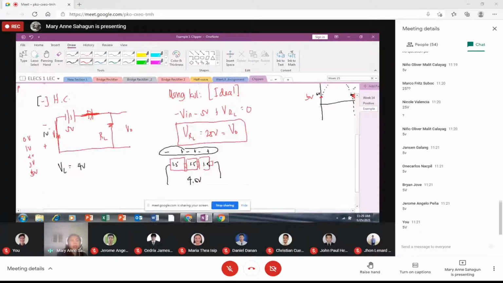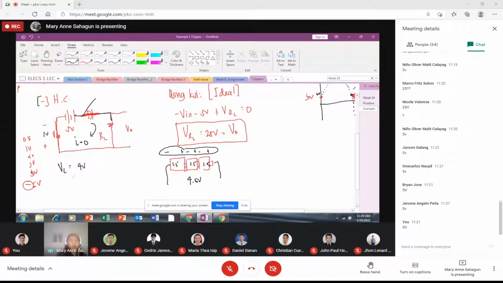Dahil malaki na masyado to, -6 volts na siya, so yung negative nito ay mas malaki kaysa sa pagka-positive nito na kina-close niya, what happens with your diode is ino-open niya. Okay? Once na-open yan, class, ang current mo dyan is simply equal to 0.